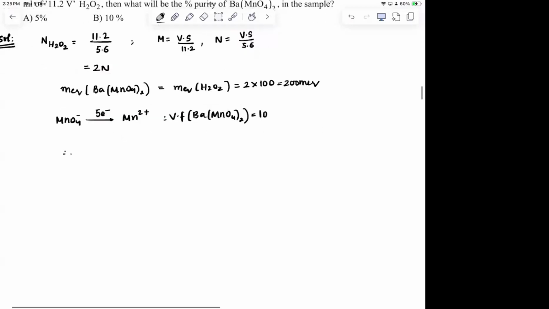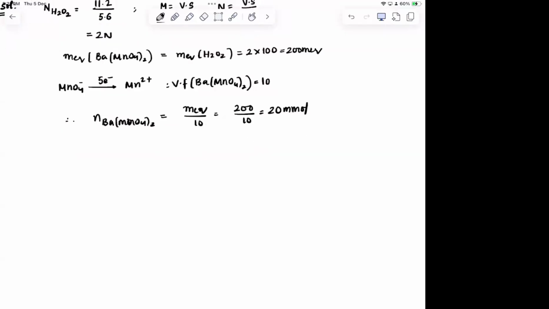Hence, number of moles of the barium salt, Ba(MnO4)2, will be equal to milli equivalents divided by valency factor, which is equal to 200 divided by 10. So how much it is? 20 millimoles. So we got this as 20 millimoles here.